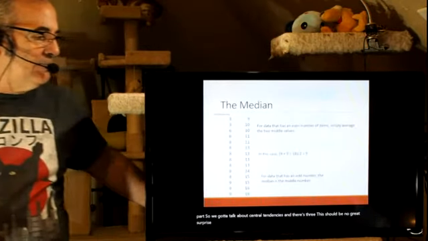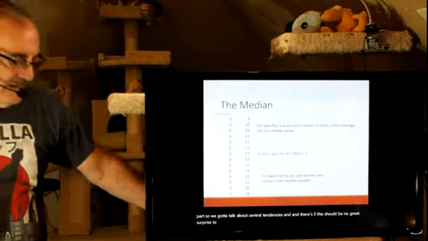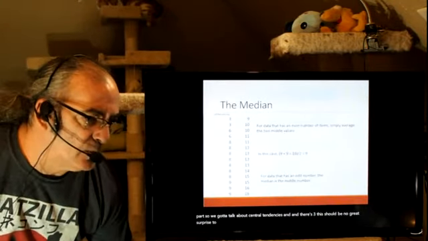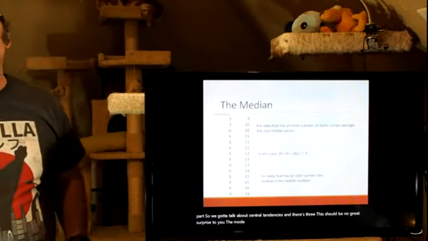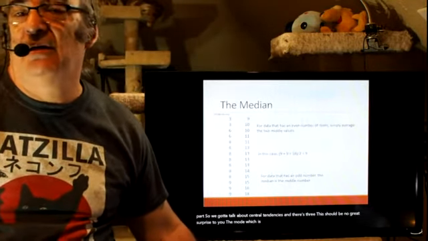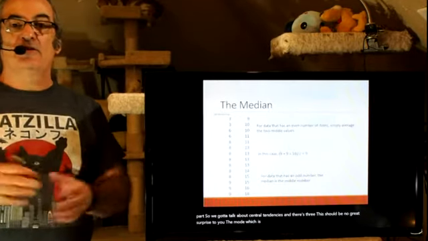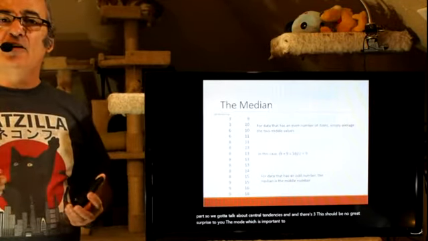So let's take a look at the median, and why is the median important? The median is important for a couple reasons. Certainly in research it's important because sometimes we want to compare the effect of this manipulation on our participants based on their self-esteem level.